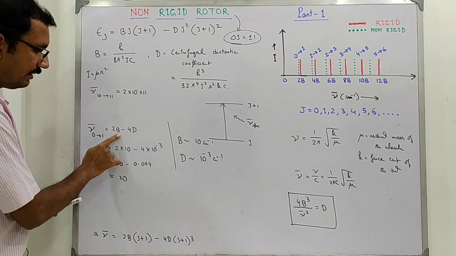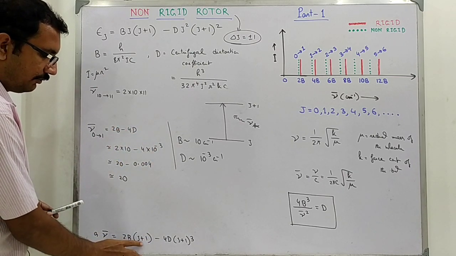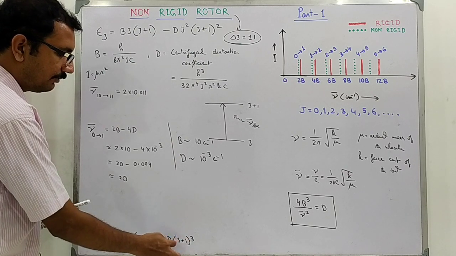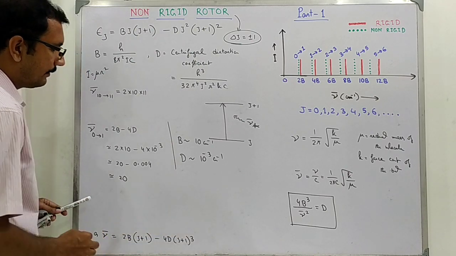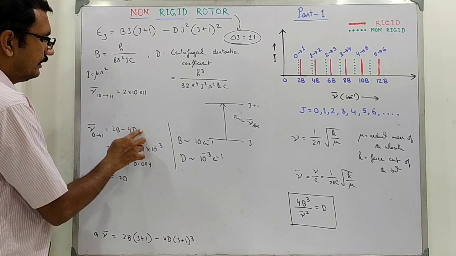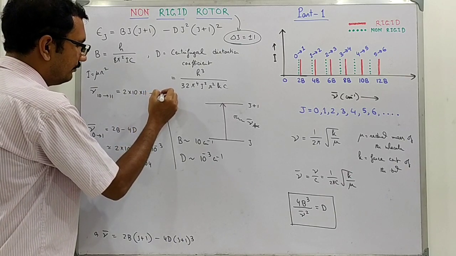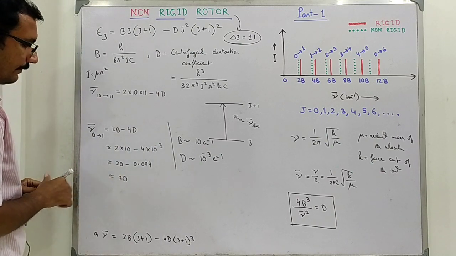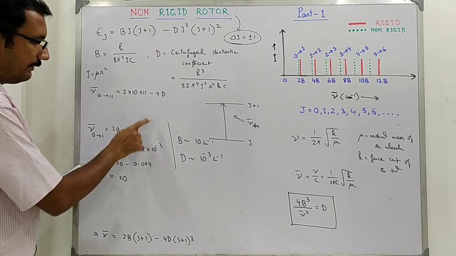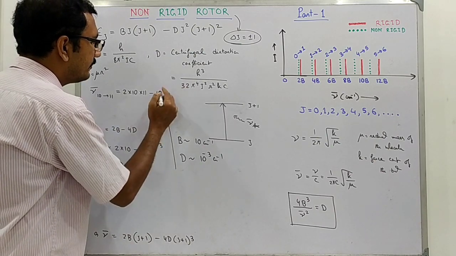In the previous case, it was 0 plus 1 whole cube, so it was 1. Now, here it will be 4 into d, we put the value of d, it is 10 to the power minus 3.